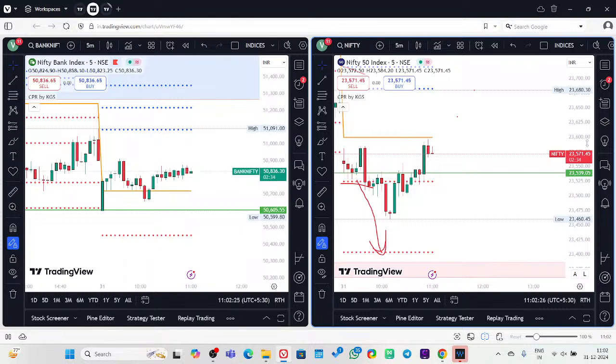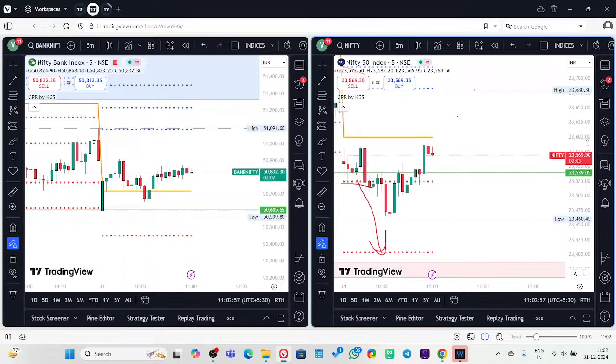Many traders, followers, subscribers ask me for scanners for trading different stocks or different indices. They want scanners for swing trading, something like that. I don't suggest you go for scanning and trading in those indices or stocks. The reason is really important. Because you never know what the stock is doing.